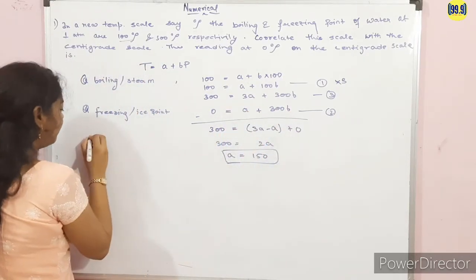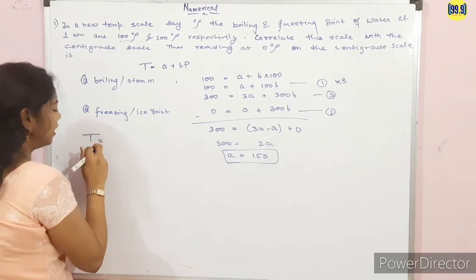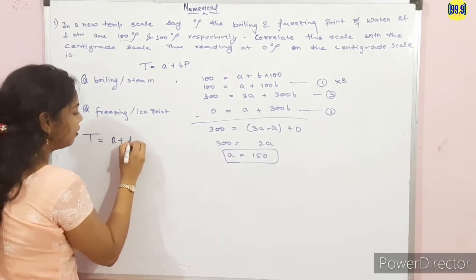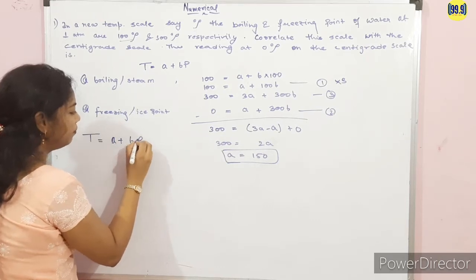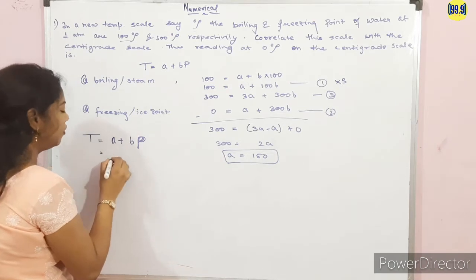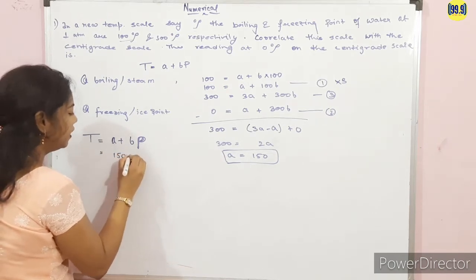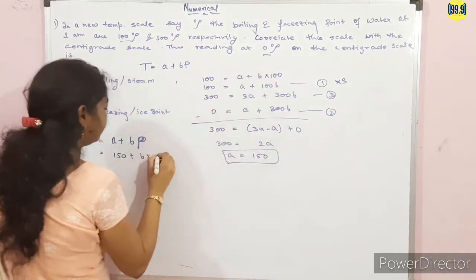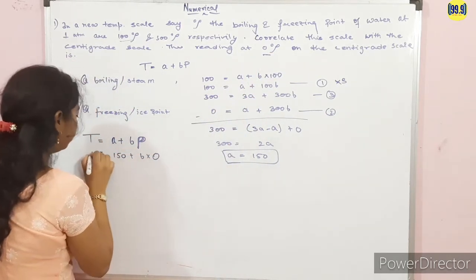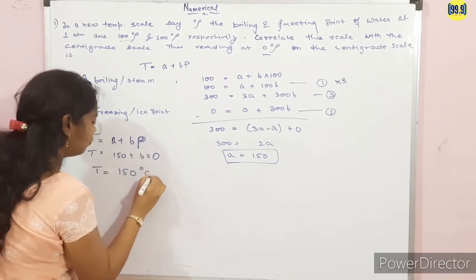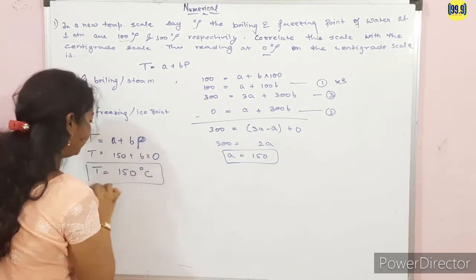If we write the general equation, T is equal to A plus BP, and if we put the value of A, that is 150, plus B times P, at 0 degree rho the temperature in degree Celsius becomes 150 degrees Celsius.